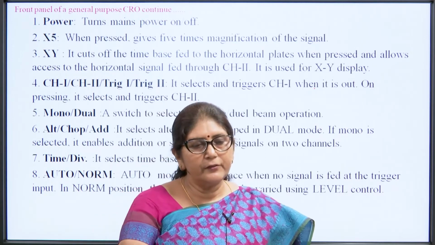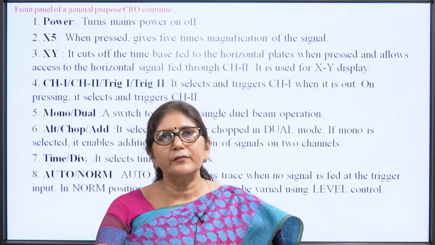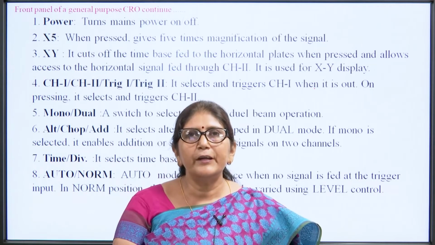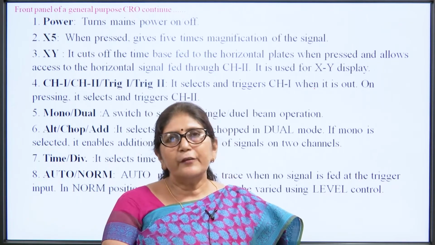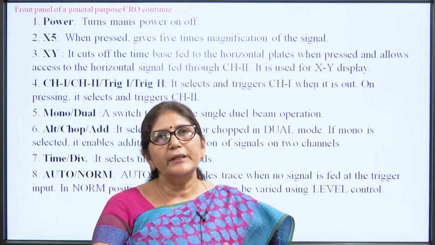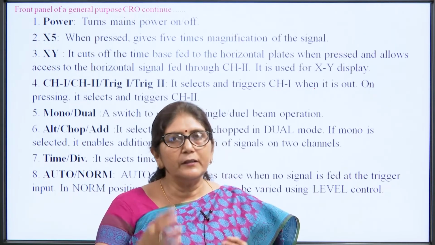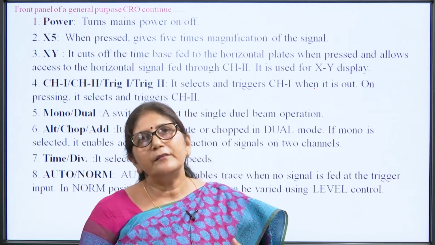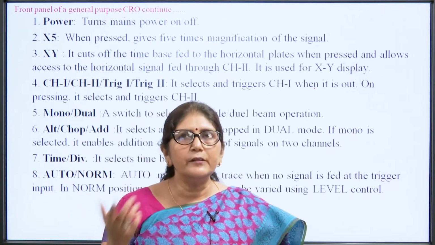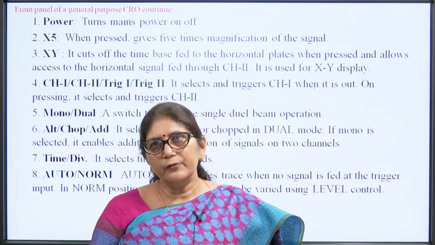This is the description of the different controls. The first is power, then X5, which when pressed gives 5 times magnification of the signal. XY, as I have already told, cuts off the time base internal trigger pulse and allows access to the horizontal signal from channel 2.